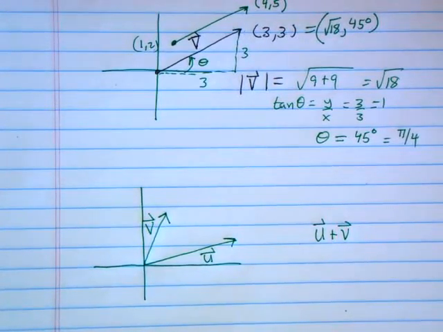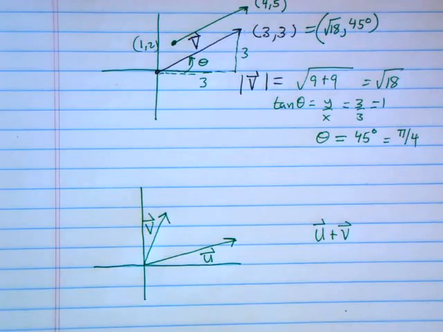You could break it into its components. We haven't talked about that yet. But you could do it that way. That's not what we're going to do. Not yet, anyway. What else? Any other good ideas? I could find both their angles and put them in polar form and then add things in polar form. That would work. Again, that's too hard.